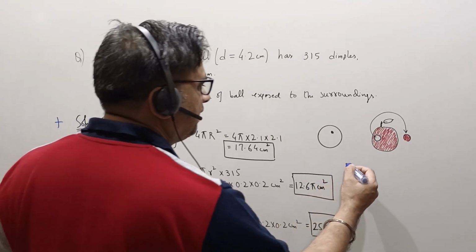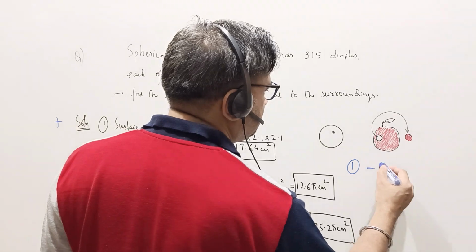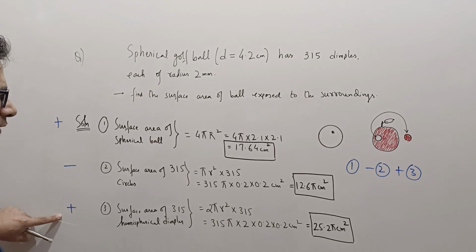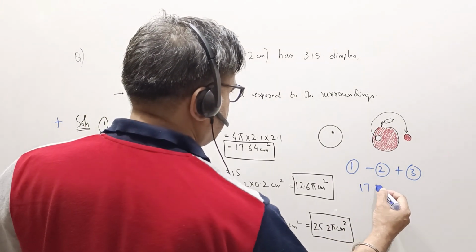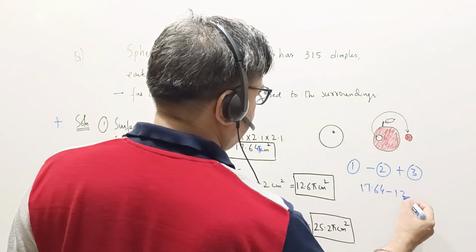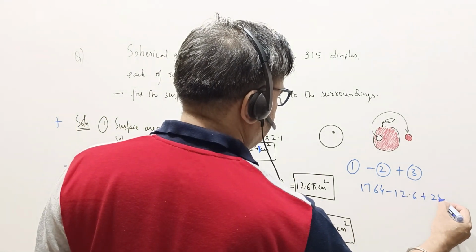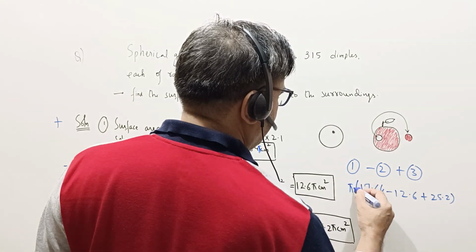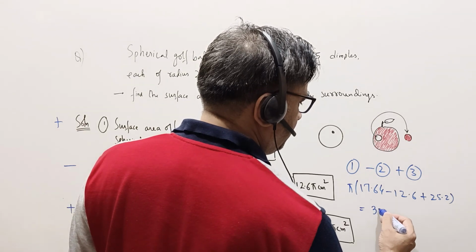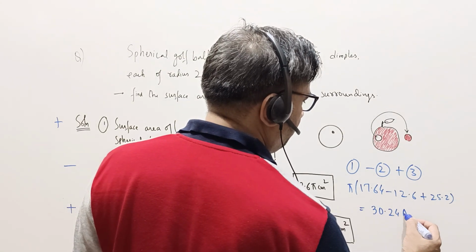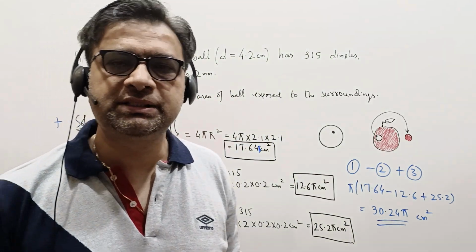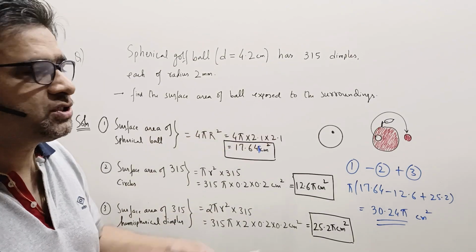If you add things this way, 1 minus 2 plus 3 is what we have here. 1 minus 2 plus 3, you get 17.64 pi minus 12.6 pi plus 25.2 pi, and this comes to 30.24 pi centimeter square. That's the total surface area of the golf ball exposed to the surroundings.